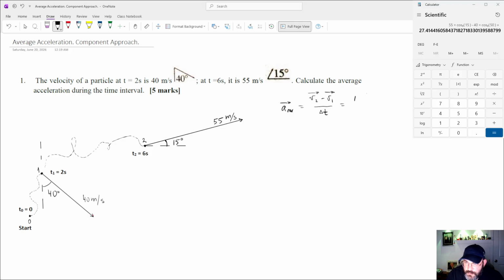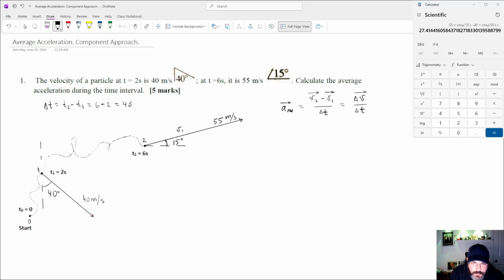So let's rewrite our velocity change as delta v divided by delta t. Delta t here is the time of travel, so that's t2 minus t1, which is 6 minus 2, and this is equal to 4 seconds.